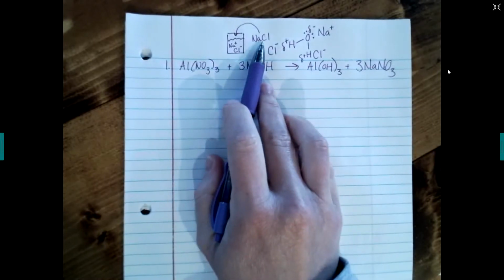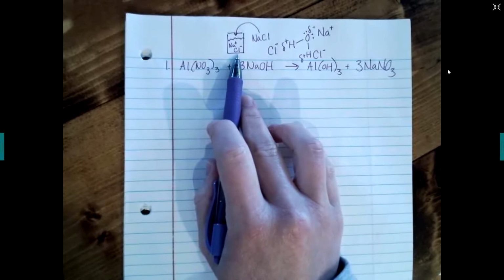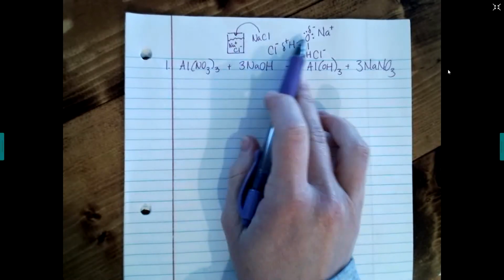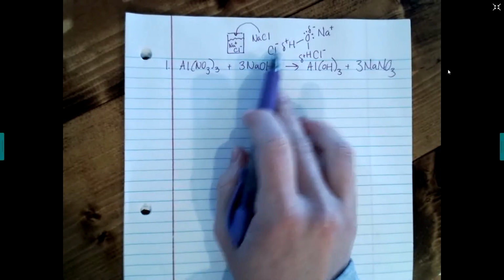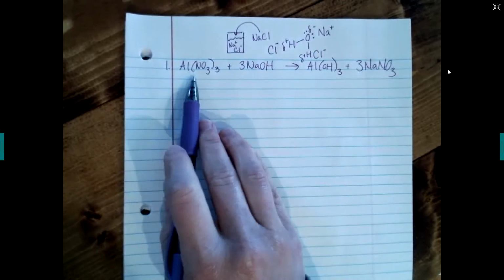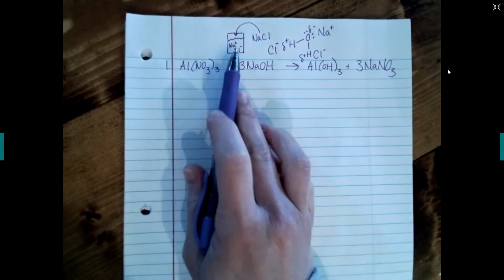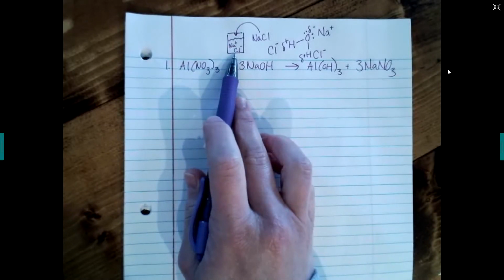Like I said, when sodium chloride dissolves in water, it splits into its ions. Those ions are now surrounded by water molecules, and they arrange themselves so that opposite charges are nearby. What we're trying to figure out right here is if aluminum nitrate is soluble in water. Will it split into ions when you put it in water?